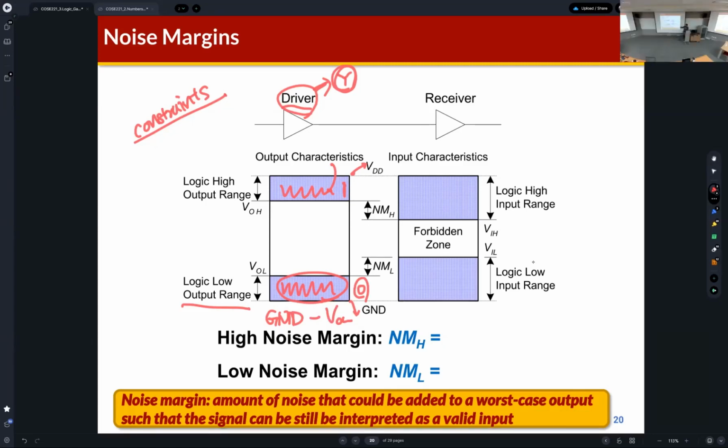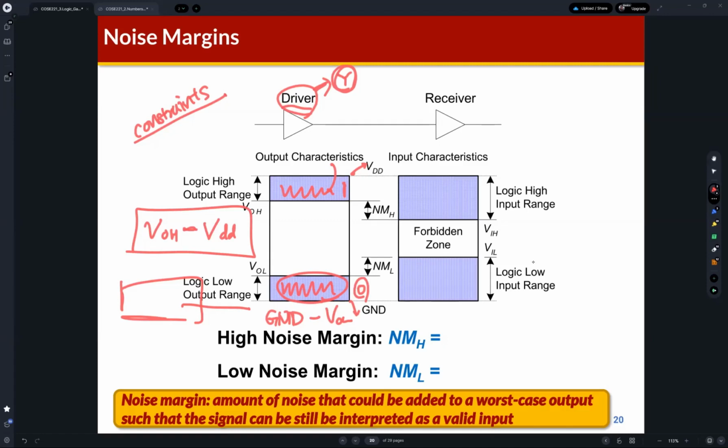And if the output value represents 1 in the signal, then the output voltage level should be in the range between VOH and VDD. This means that the circuit needs to work within these ranges when the output is generated.